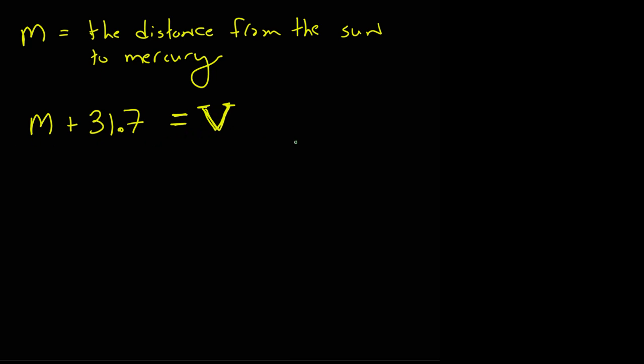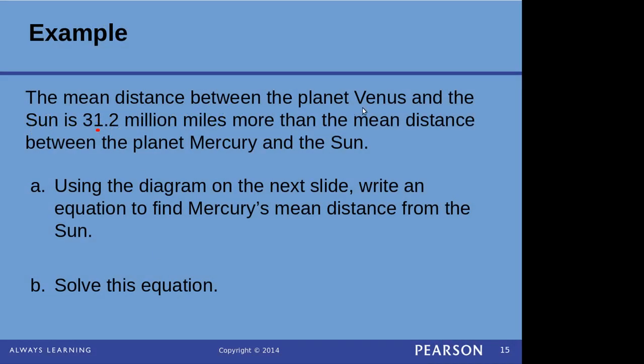And look, we can read this now like a sentence. Venus is 31.7 million miles more than Mercury. See how our symbols translate back into sentences here? Venus is 31 million more than Mercury. All right, so that was our first piece of information.